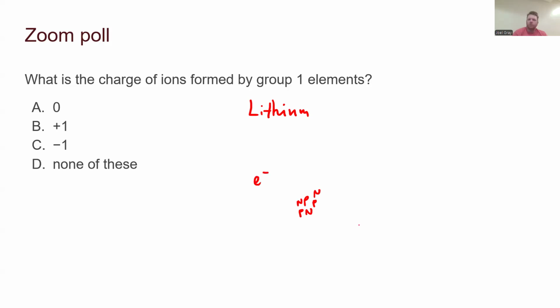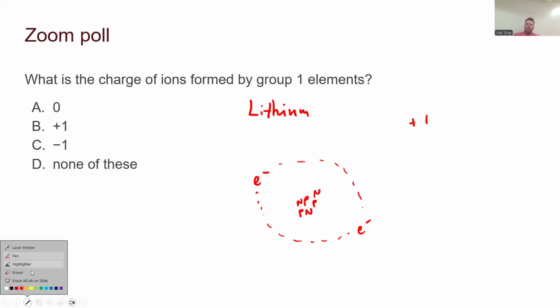Then we have an electron, another electron, in this nice little ring surrounding our nucleus. Now, this right here is a +1 ion of lithium. So that is the form of lithium that is most commonly found, where it has lost a single electron. Now, another electron way out here.